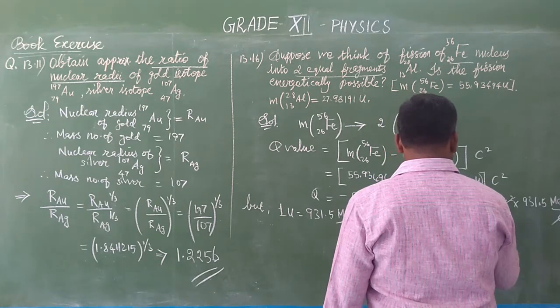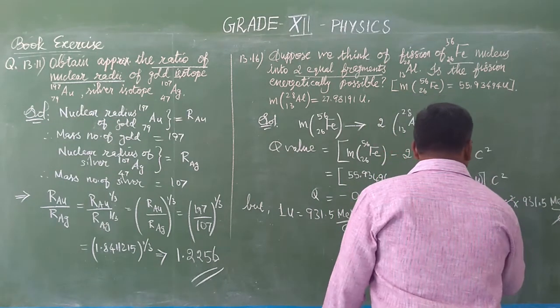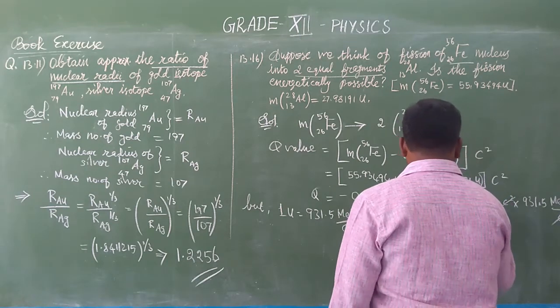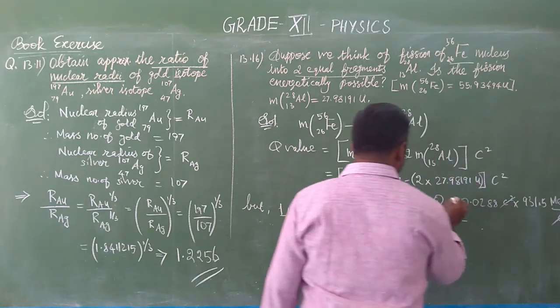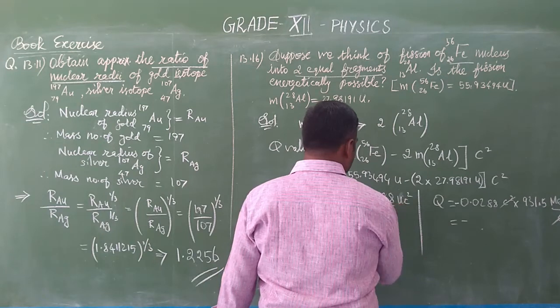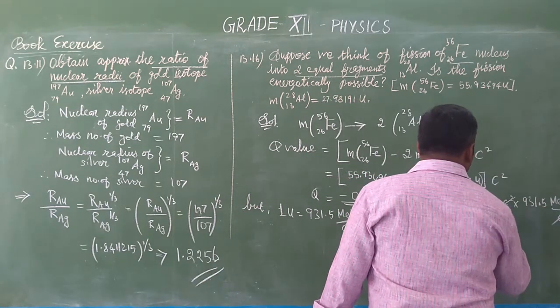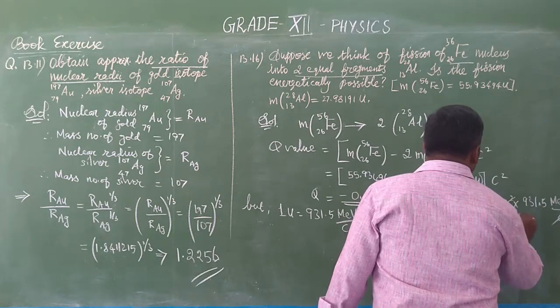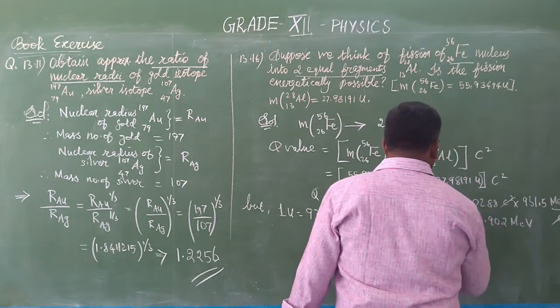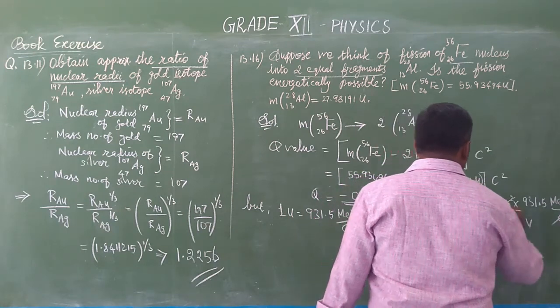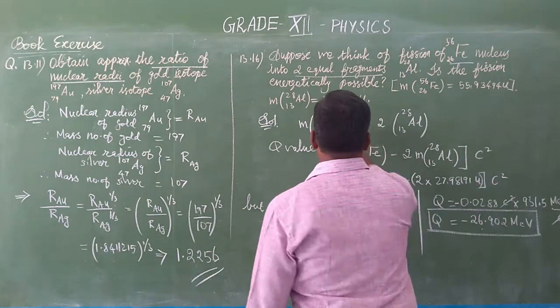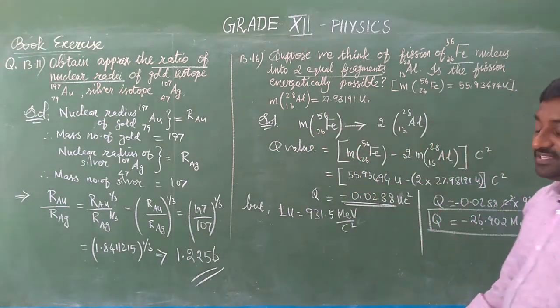Then the final value would be, yes, minus. Note that minus is there because the Q value comes negative. So minus 26.902 mega electron volt. So we found the Q value of the fission of iron into two fragments of aluminum.